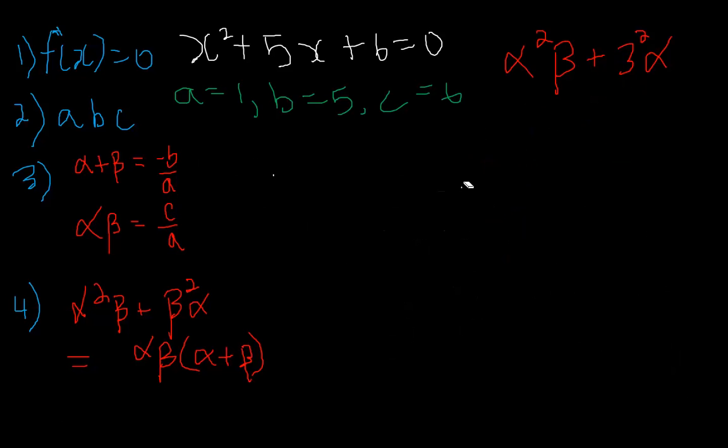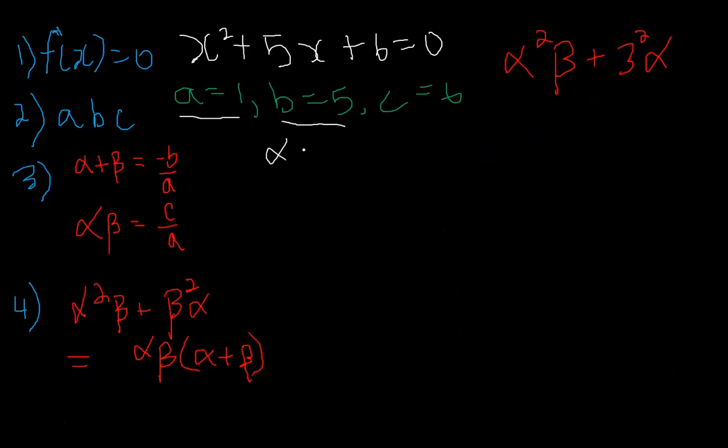Right, so the formula to find alpha plus beta, which is the sum of the roots, is minus b on a. We already know that b is equal to 5 and a is equal to 1.